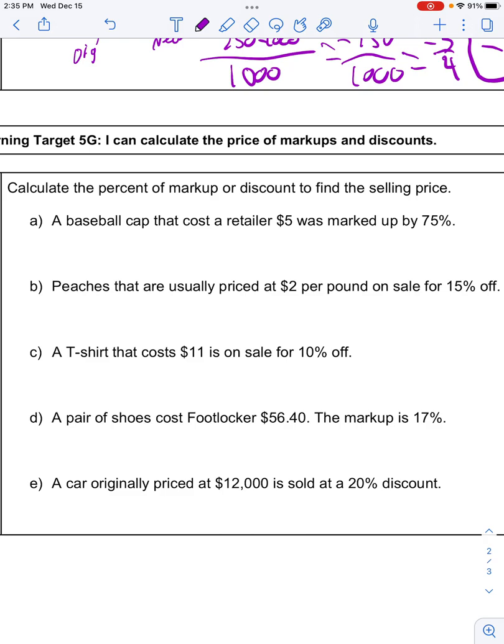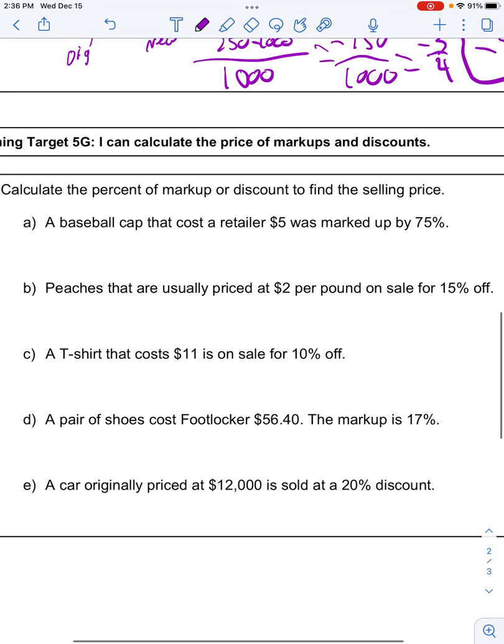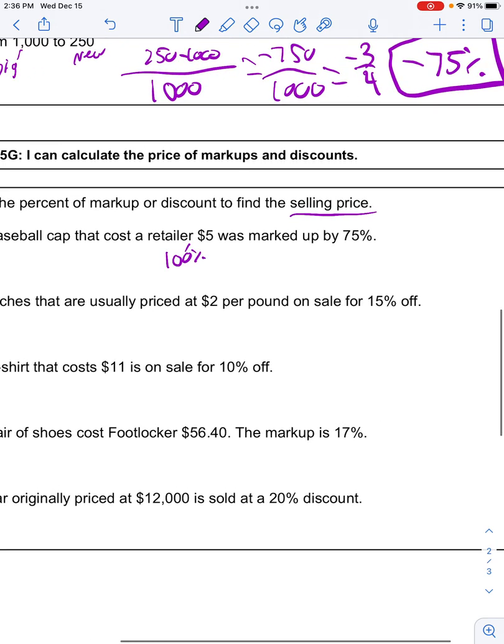Last part, markups and discounts. A baseball cap that cost a retailer $5 was marked up by 85%. Remember, this $5 is what starts at 100%, because we're trying to find the selling price. So we would say, okay, marked up means adding. So 100% plus 75% is 175%.